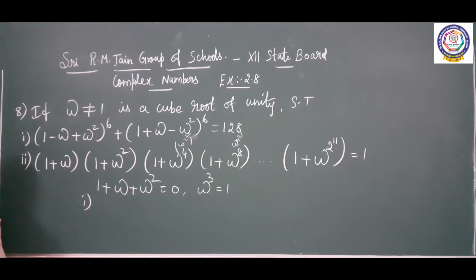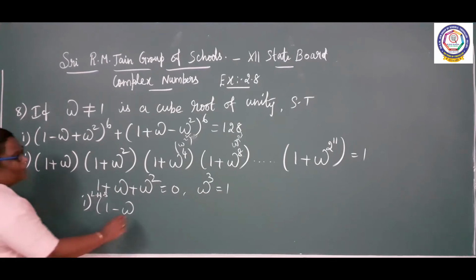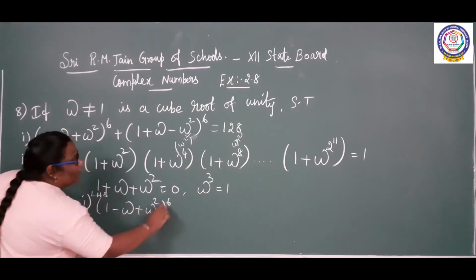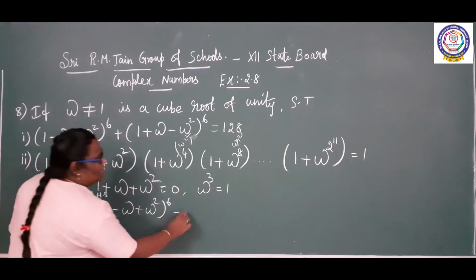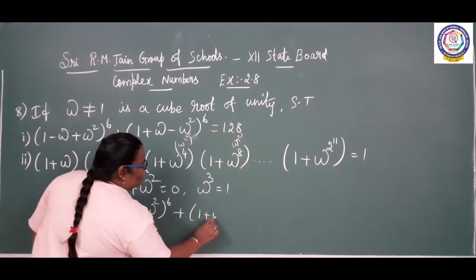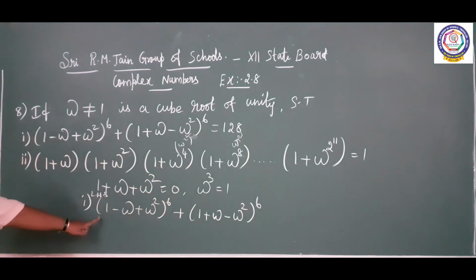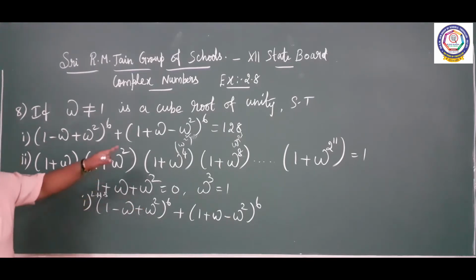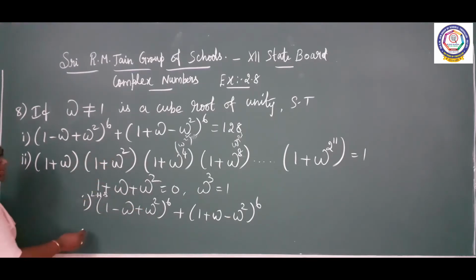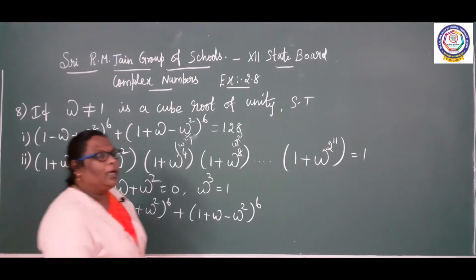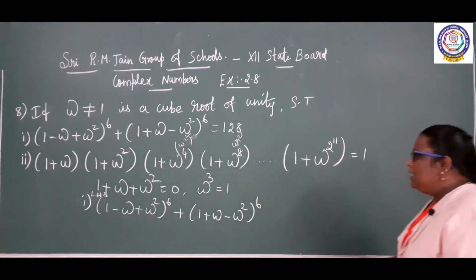First subdivision, you can take it as the LHS. What is my LHS here? (1 minus omega plus omega square) whole power 6 plus (1 plus omega minus omega square) whole power 6. See here, 1 plus omega plus omega square equal to 0.